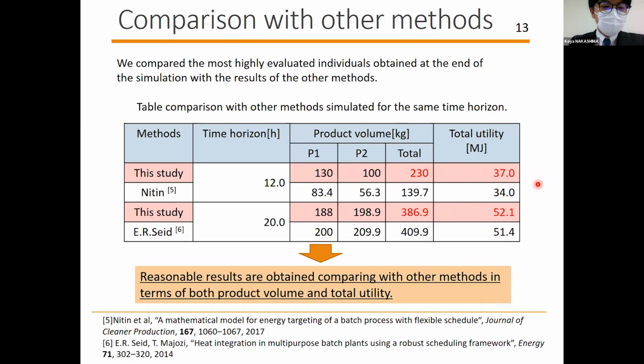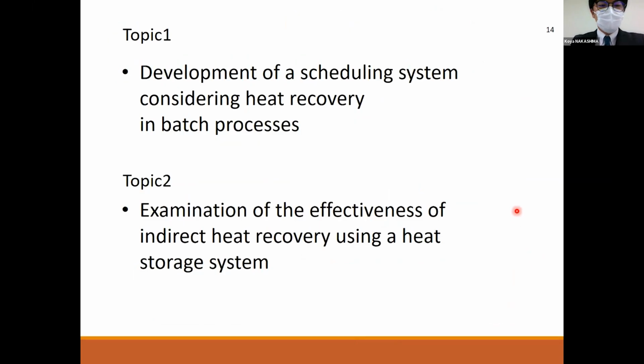The area painted in red is the result of this study. Regardless of the time horizon, it can be seen that our method obtains reasonable results in terms of both production volume and total utility usage, compared with other methods. These are the results of the scheduling system and comparison with other methods.